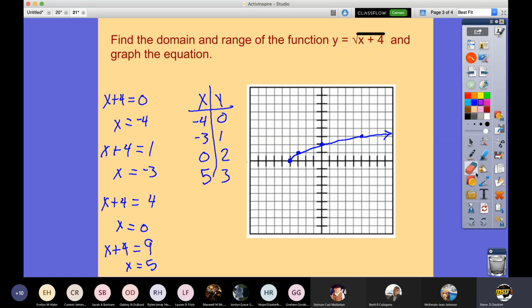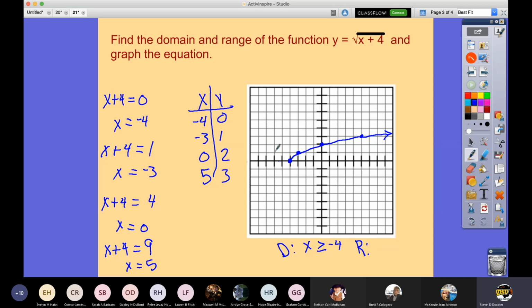All right. Now that we have our graph, we can go back and figure out what our domain is. Domain is, what are all the x values that are going to work? Well, -4 is our smallest, and it gets bigger from there. So we can say x is greater than or equal to -4. We can also figure out our range very easily from the graph.